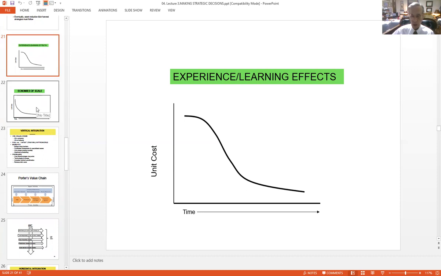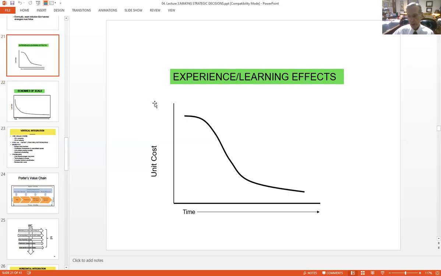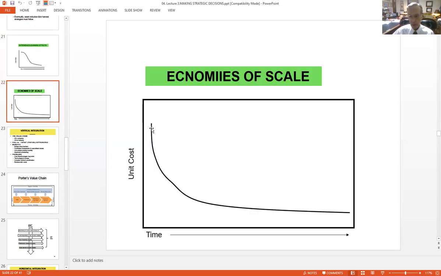There is one possible way to improve on this curve, and that is right down here at the very end. What tends to happen in the mature phase is that acquisitions and mergers occur. And so if we're right down at the end of the experience curve, we might be up here at the beginning of the cost curve, and we acquire another company.